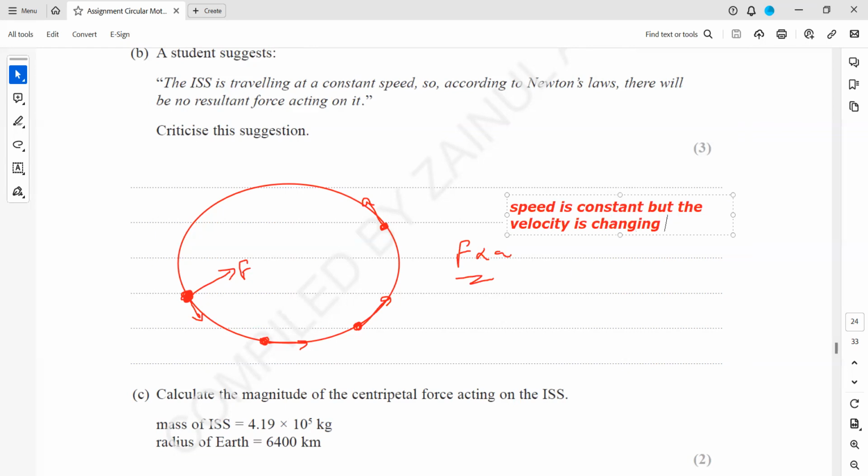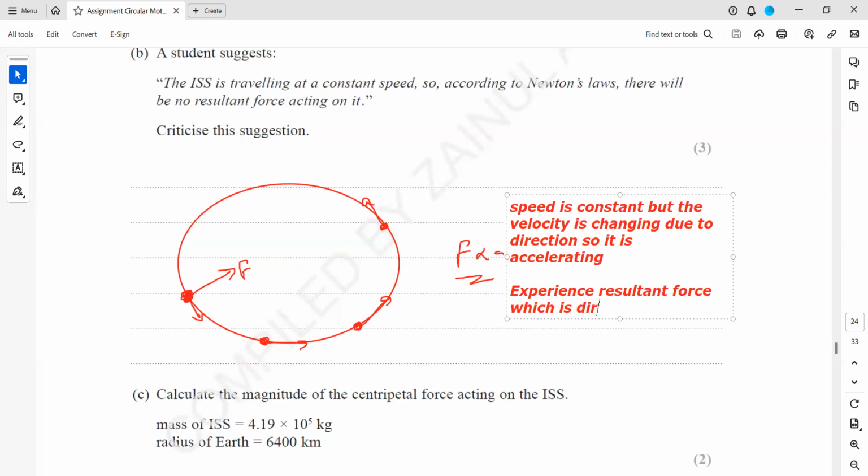So speed is constant, but the velocity is changing due to change in direction. So it is accelerating, and as a result, it will experience a resultant force, which is directed towards the center.